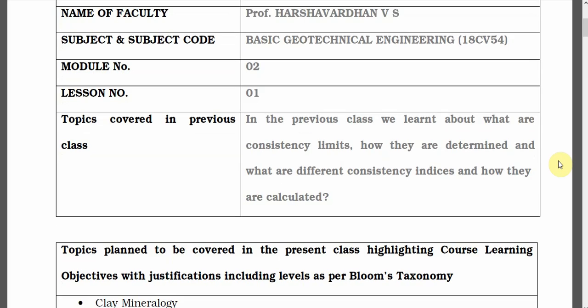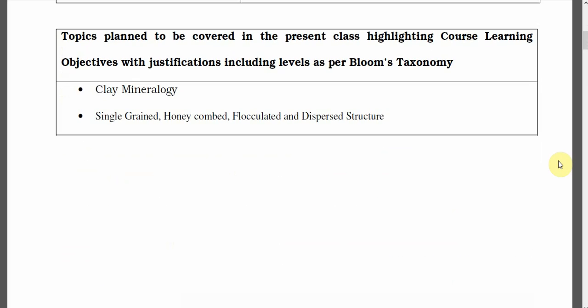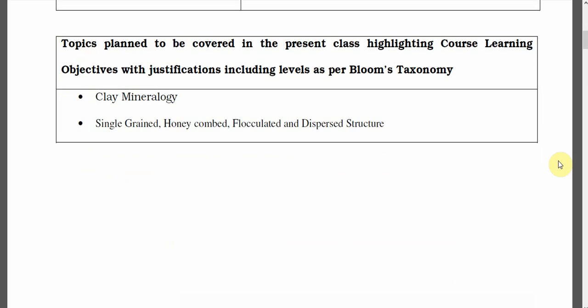In the previous class, we solved numerical problems based on the different basic terminologies and the interrelationship between those terms.